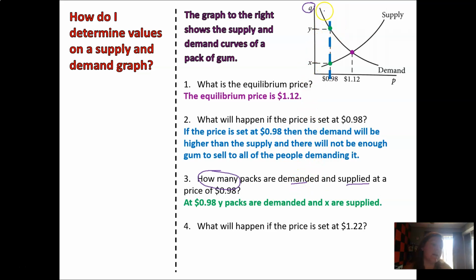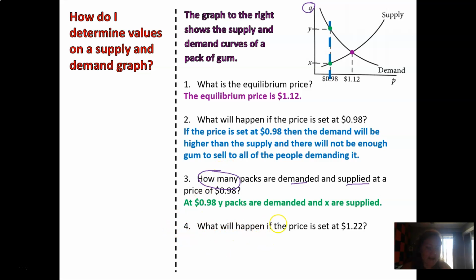This green dot is on the demand curve, and it's a Y number. So it's okay to not use numbers. Sometimes there will be numbers there, sometimes there'll be letters. It's all good. So at 98 cents, Y packs are demanded and X are supplied, because at 98 cents on the supply graph, that's the X value.